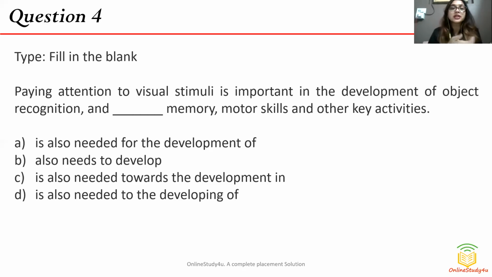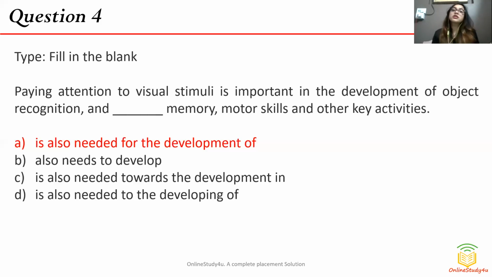So in the first one, it says for the development. Second one, it says needs to develop. Third one says towards the development. And the fourth one says to the developing of. So of course, the correct one is also needed for the development of. So paying attention to visual stimuli is important in the development of object recognition and is also needed for the development of memory, motor skills, and other key activities.